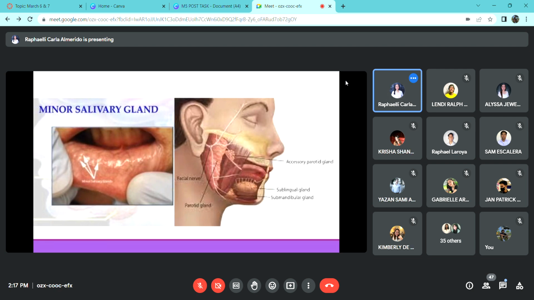So that's how important saliva is. But with regards to anatomy, you should know the different glands that produce this saliva.